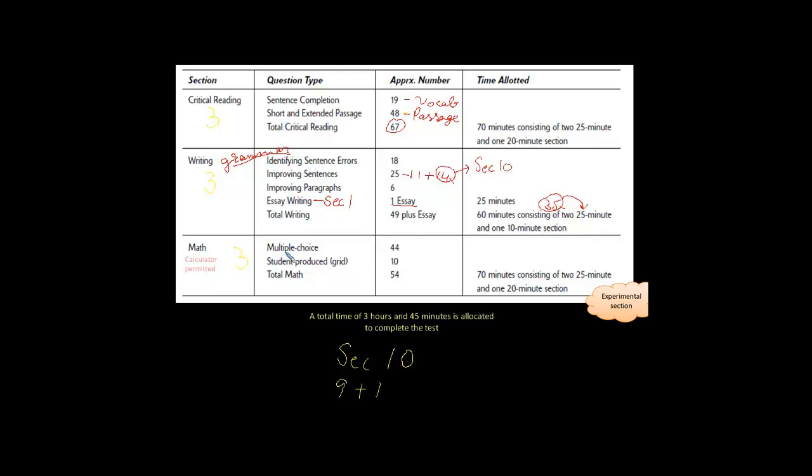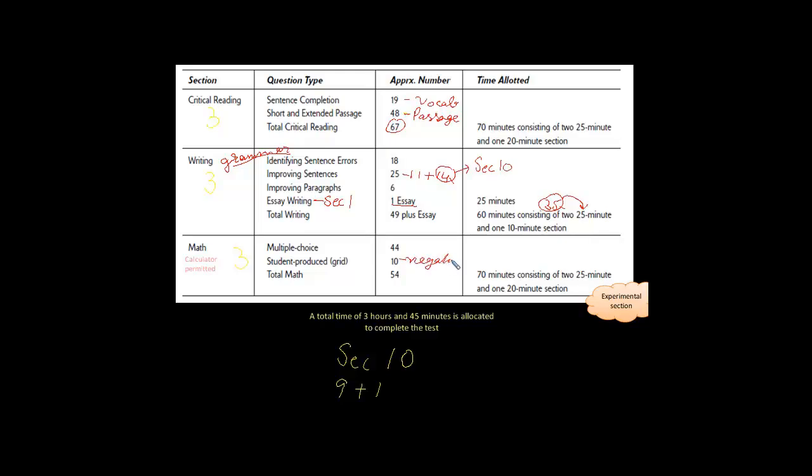Now, maths will have multiple choice questions. There are 44 questions, and there will be gridded questions. Multiple choice questions are where you have A, B, C, D, E, and you have to select the best one. Gridded is where you don't have answer choices. You have to figure out the answer and write it down. The good part about the gridded section is that it does not have negative marking.